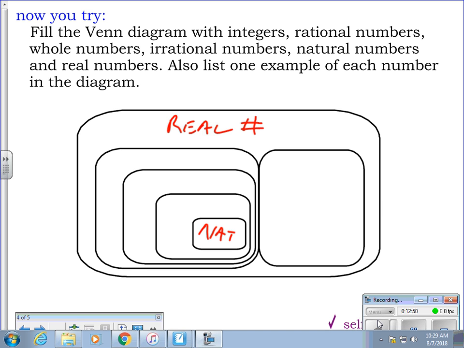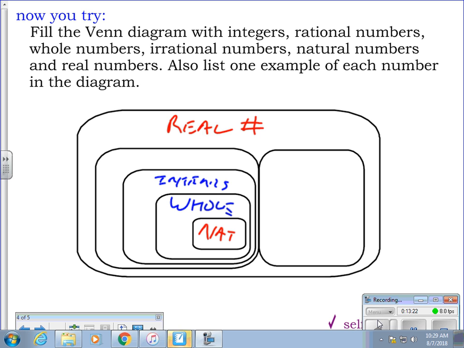So if you think about it, it really kind of makes sense. A group that's a little bit larger than the natural numbers would be the whole numbers, because it includes all the natural numbers and 0. And then the one that's a little bit larger than that, which includes all the whole numbers, would be your integers, because it's all the whole numbers plus the negative whole numbers, so to speak.